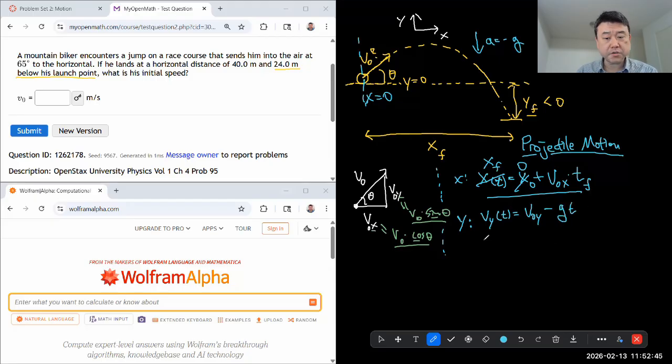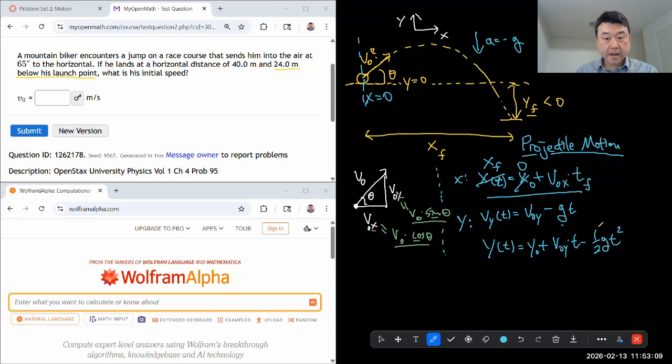And there's also y position as a function of time, which will be your initial y position plus the displacement that's attributable to the initial y velocity, so v naught y times time, and the displacement that's attributable to the acceleration with minus g. This will be minus 1/2 gt squared.